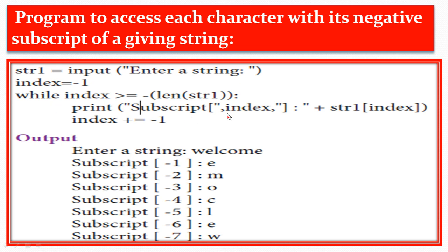In the print statement, every character of welcome is printed in reverse order by using subscript of index, first value minus 1, str1 of minus 1, that is E. Similarly, str1 of minus 2 is M, and so on. The index value is decremented every time by 1. So first value minus 1, second value minus 2. When it reaches minus 8, the loop is terminated.